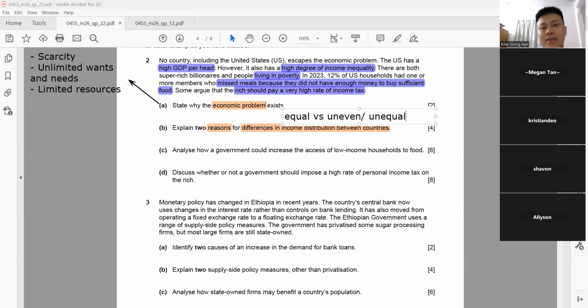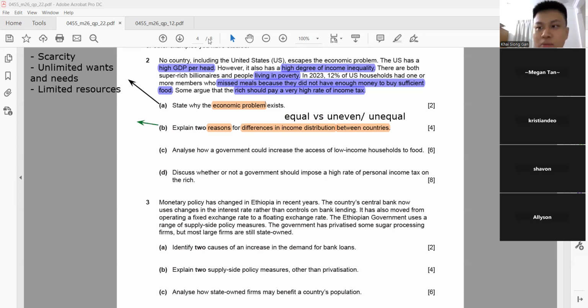So, what are the reasons that can explain the differences in income distribution between countries? Why some countries have quite equal income distribution, but some countries have very big income inequality, where the rich are very rich, the poor are very poor, with uneven income distribution. What are the reasons?